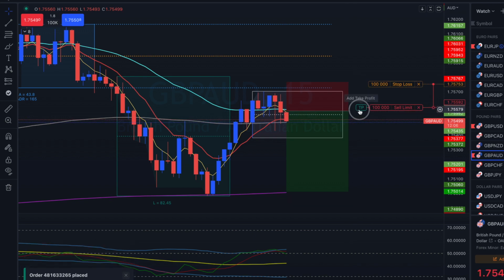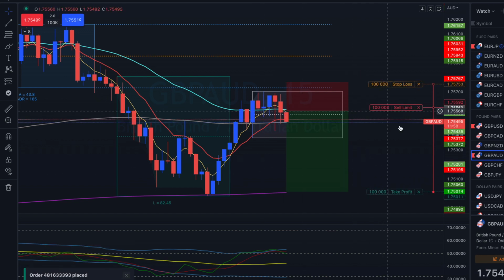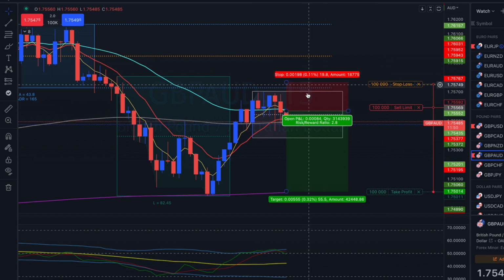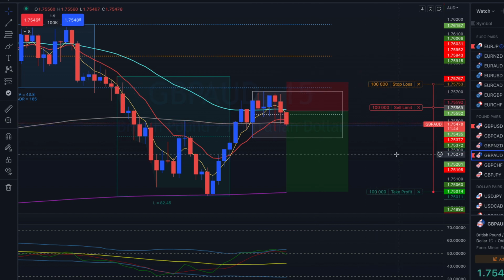I don't feel like chasing the trade. If it comes back up on a retracement to get it, great. If it doesn't, oh well, it is what it is. This is already 19 pips of risk, so that's where I'll set it, and then I'll leave it.